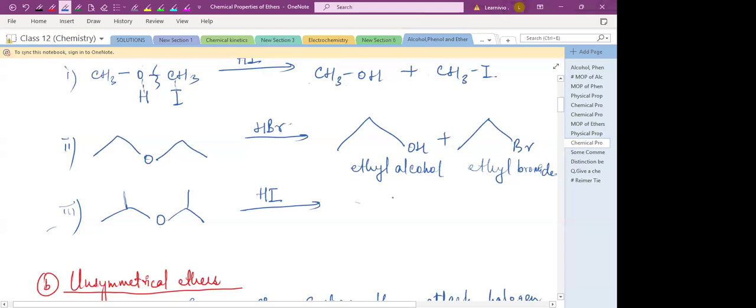CH3CH2OH and CH3CH2CH3I. So basically, you can break this bond from here, hydrogen, and what will attach with this? Iodine. So you will get this one. Can you please tell me the name of this, Aisha?